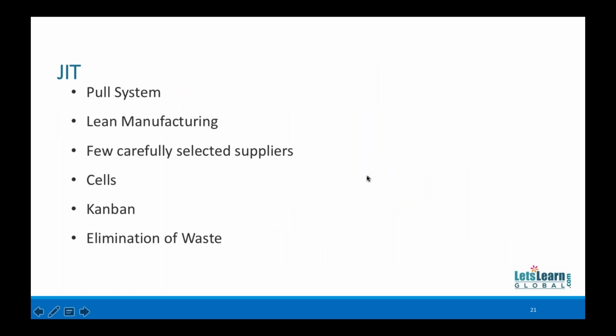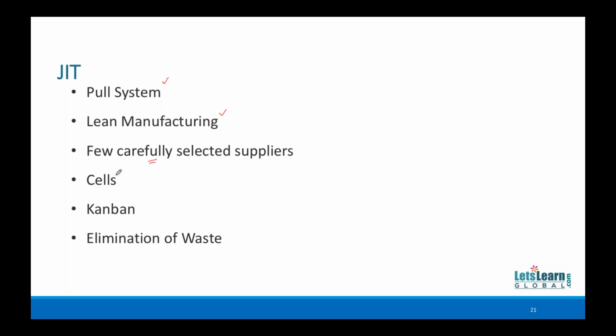So in a nutshell, to recall what JIT is: JIT is a pull system. It is also called lean manufacturing, because we do not manufacture until there is a requirement. In a JIT environment, we select only a few strong, capable suppliers, not many suppliers. We give assurance of prompt delivery and quality of the materials.